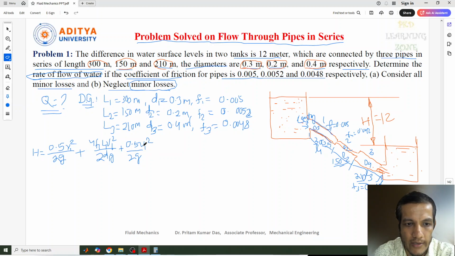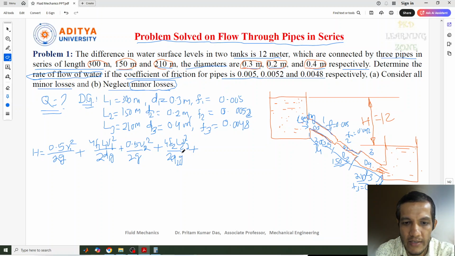Then again, after coming inside the second pipe, major loss will be there, that is 4F2 L2 V2 square by 2D2G.